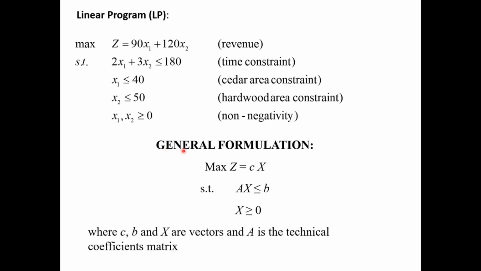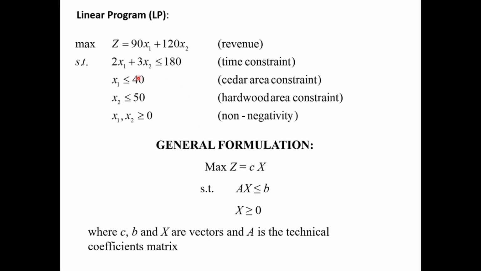The general formulation of a linear programming problem looks like this, and this is a standard formula. Z is the objective, equals a vector C times this vector x, so C is a row vector, x is a column vector, subject to A times x less than or equal to B, so B is a column vector of 180, 40, and 50.